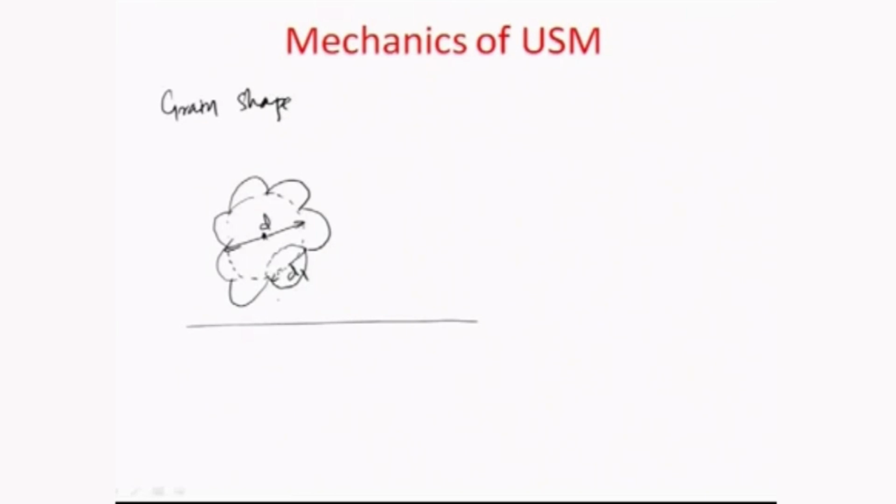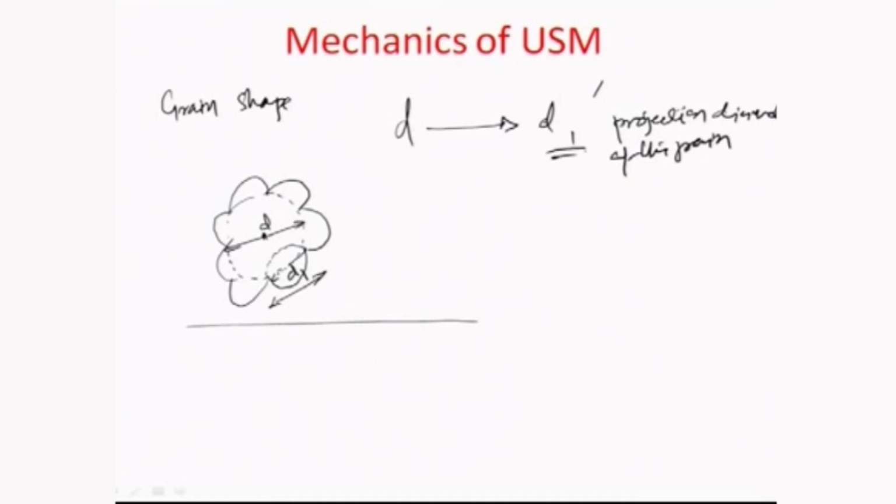So, essentially this is the diameter which would affect the material removal process, and it would in turn indent on the surface. The surface area also would be determined by d1 and not d. So, he very closely monitored if there exists a correlation between the grain diameter d and this small, we can call it the projection diameter of the grain d1.